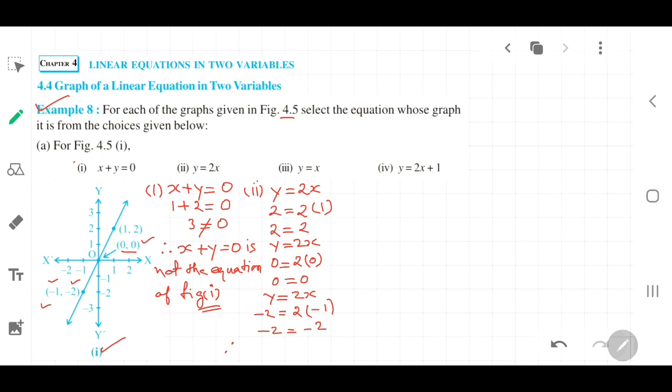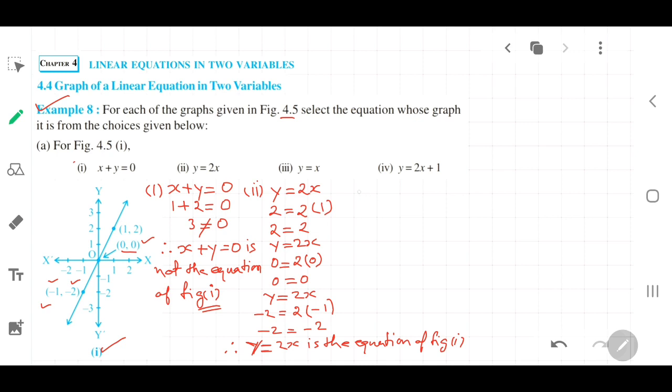So therefore you can write, y equal twice x is the equation of figure 1. That is correct.